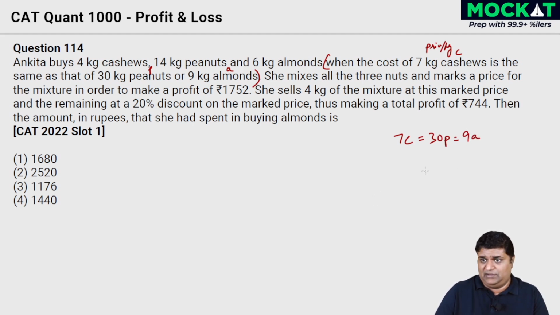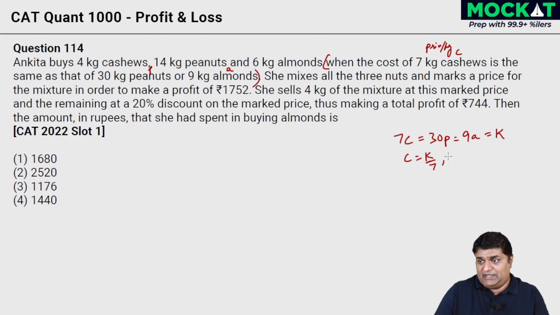When you have something like this, what you can do over here is to find out the ratio of the price per kg of each of these, C, P, and A. Now, how do you do that? Equate all of this to K, which means if 7C is K, C is going to be K by 7.